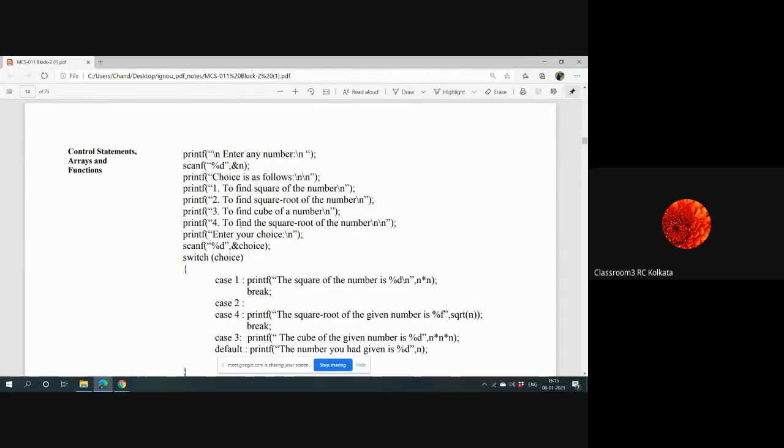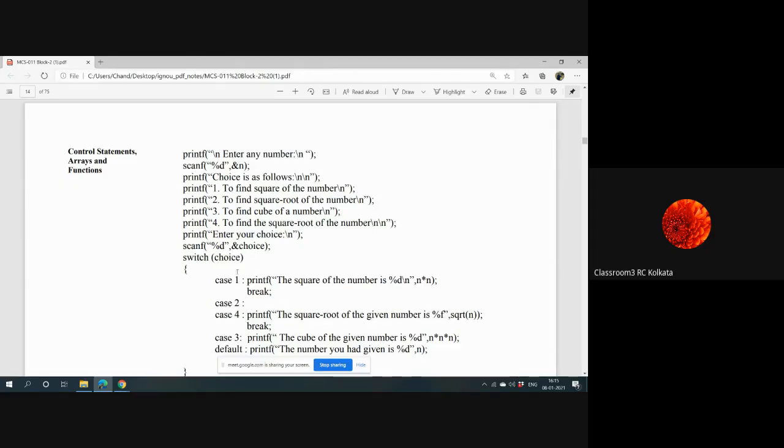Suppose choice equals 1, then case 1 will be executed. Choice 2, then case 2. Choice 3, then case 3. Choice 4, then case 4. Suppose you have not entered 1, 2, 3, 4, you have entered 7. Then the default statement will be executed.